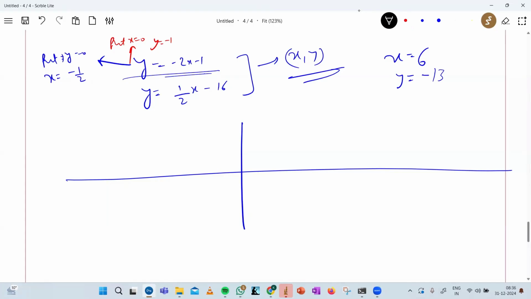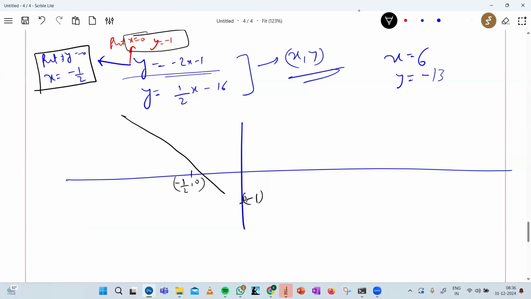So the point x = -1/2, y = 0 is here, and x = 0, y = -1 is here. Just connect the lines. This is your line.